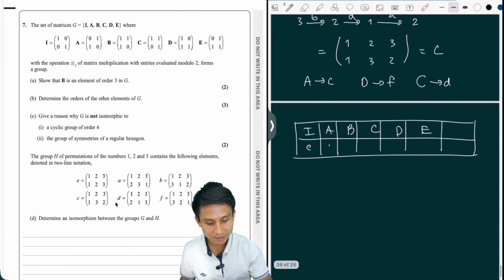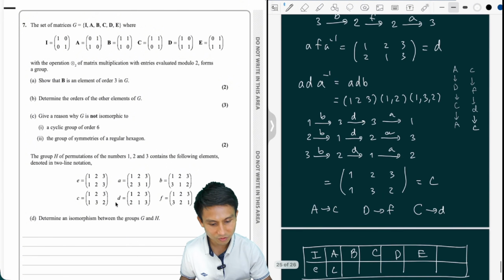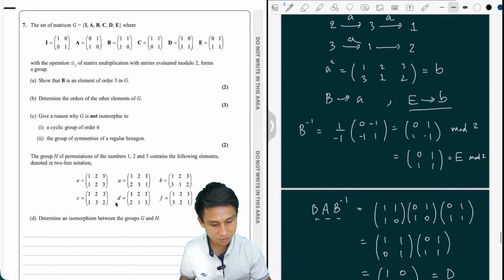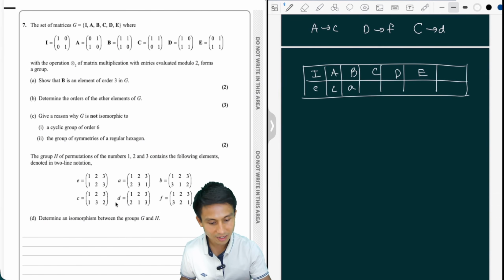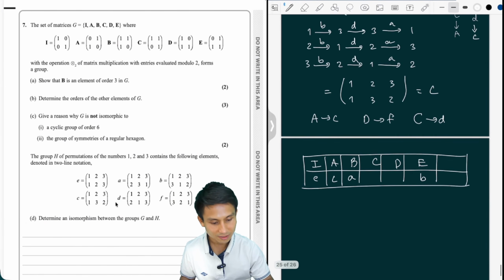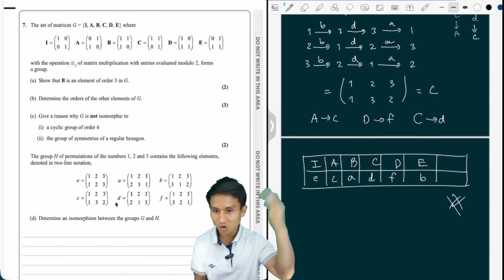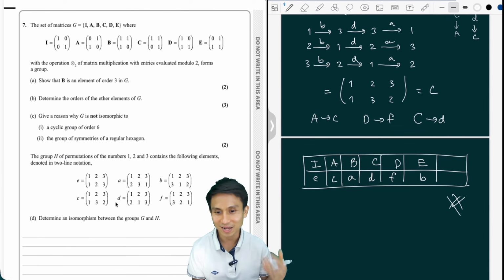Okay, so A to C, B we mapped to A, and E to B. C to D, and D to F. Just to get these answers, we did all that. It could be tedious, as I told you. Alright, so that's done for number 7.